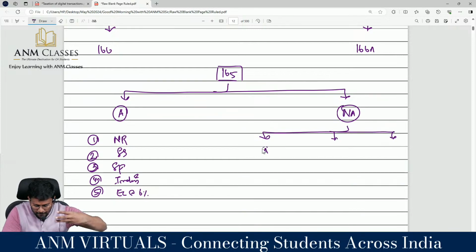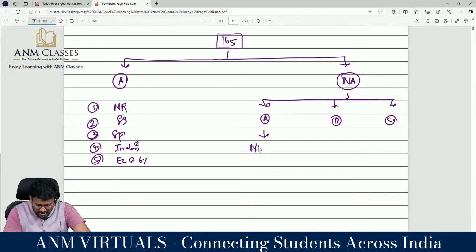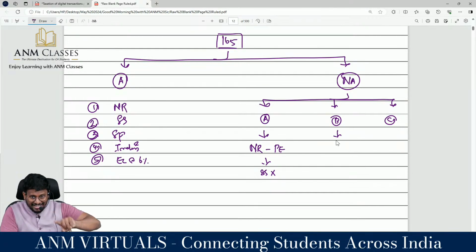So A, B, C. What is A saying? The non-resident is having a permanent establishment in India, and through that permanent establishment is providing the specified services. Then it will not be applicable. Now, a resident is not engaged in business or profession in India. Next one, consideration does not exceed 1 lakh. This is what 165 is all about.